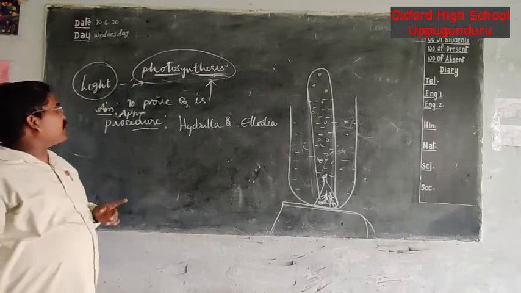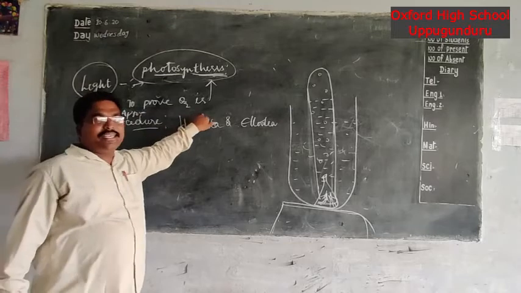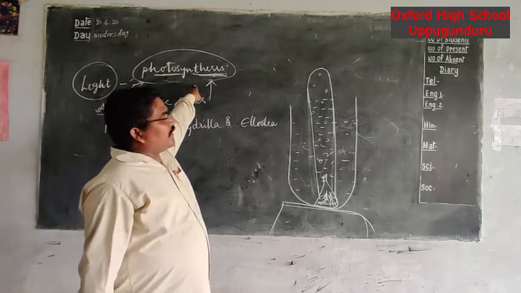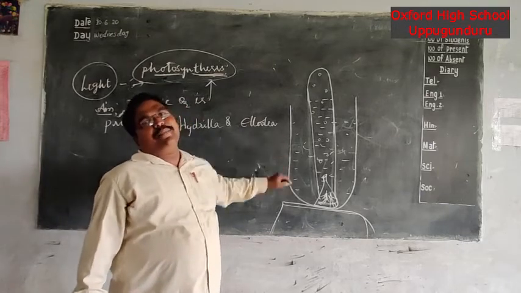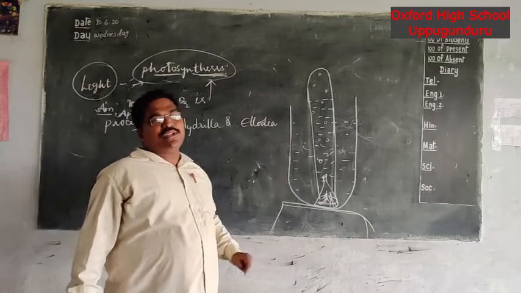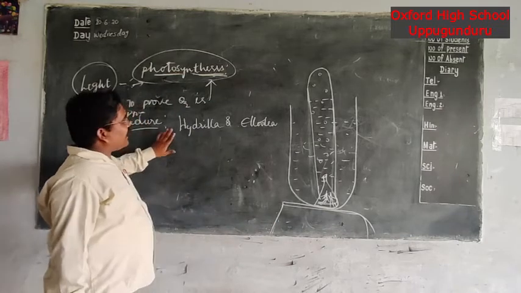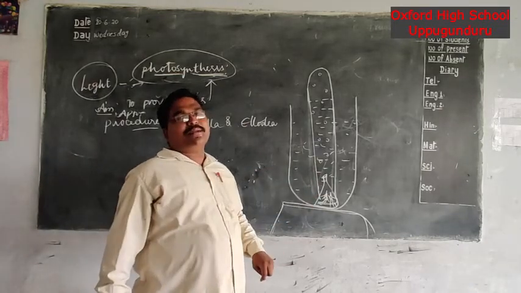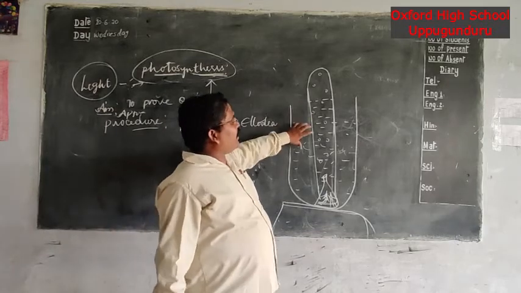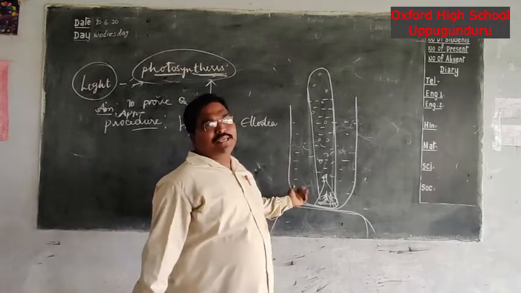So once again I will explain how to prove that oxygen is released from photosynthesis. For this activity, we require all these apparatus. Arrange the apparatus as shown in the figure. Take a water plant like hydrilla or elodea and keep it in the short stemmed funnel and place the funnel in a beaker.